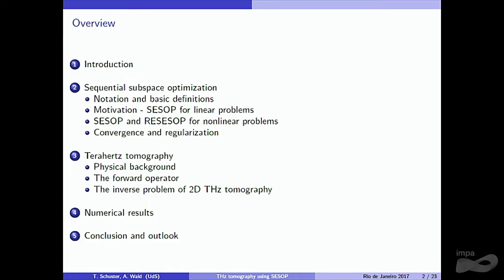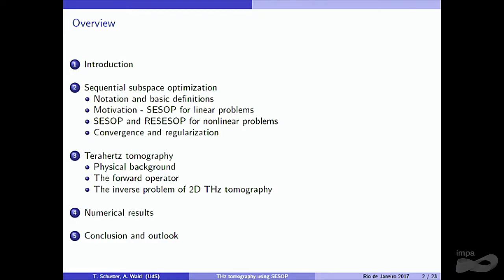And then we talk about the regularized version, which shows that this method is also appropriate for stably solving inverse problems. Here we have nonlinear problems in a Hilbert space setting, but we are just extending this method to Banach spaces too, which should be finished at the end of the year.